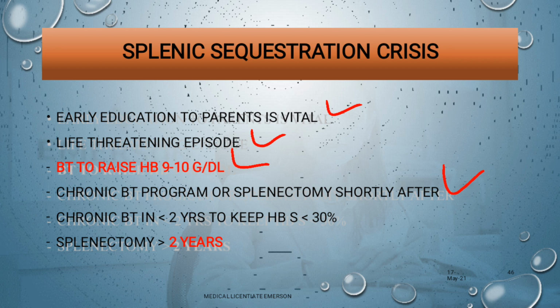Then chronic transfusion in children less than 2 years to keep the HbS less than 30%, since you can't necessarily do splenectomy in less than 2 years. But once they reach more than 2 years, you can do splenectomy. Okay, so that's how it works.